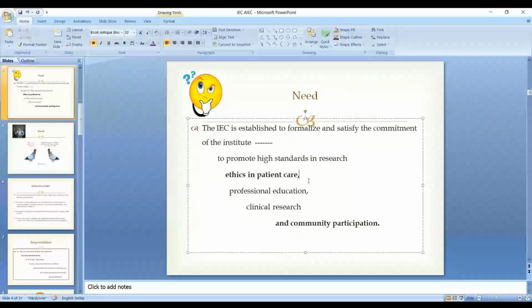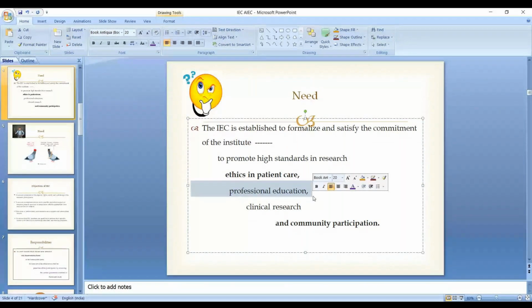She should not be harmed in any way. He should be benefited with your treatment. This is the thing which has to be ensured. Okay. While designing the research, it should be the professional education. All these points should be covered in the clinical research.